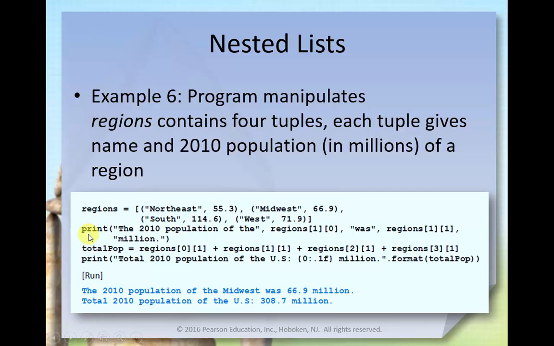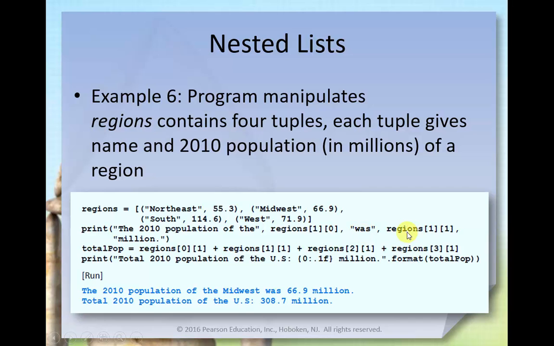And then you can just do a print statement, and you can represent this by saying regions, the first, not the first, sub-element number 1, and the 0th element. So this is 0, this is 1, and then the 0th element would be Midwest, and that's what prints out down here.